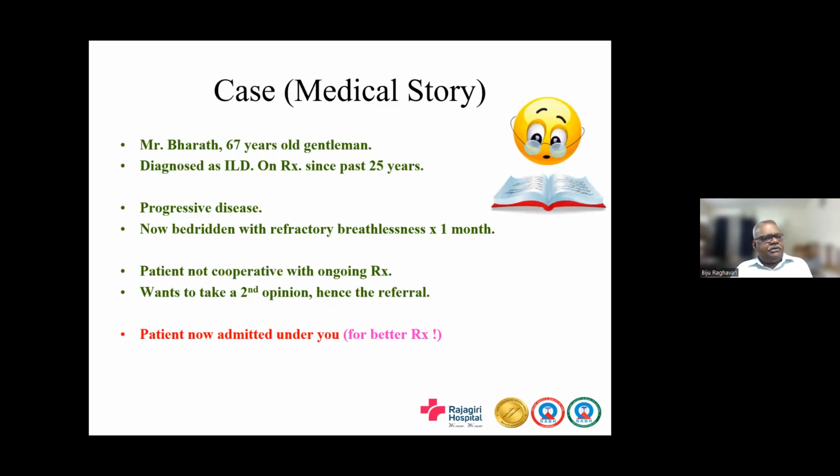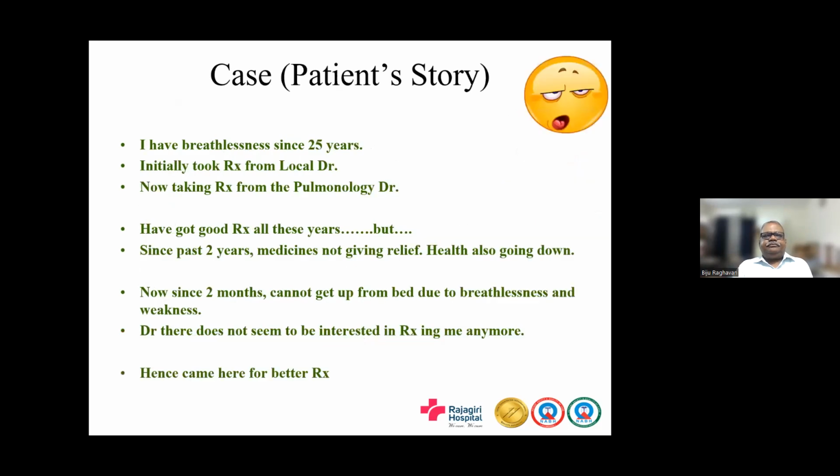And recently, the patient has not been cooperative with the ongoing treatment, and they have come to you to take a second opinion. And now the patient is admitted under you, apparently for better treatment. So this is a case story.